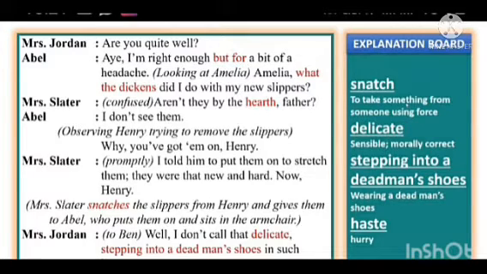Maybe she expected that. Then Abel says, "I don't see them." So Abel says, and he observed Henry here trying to remove his slippers, and asked, "Why you got 'em on, Henry?"